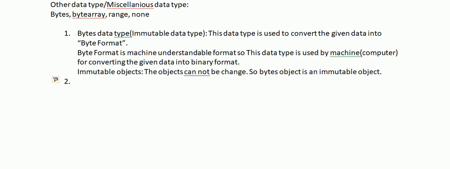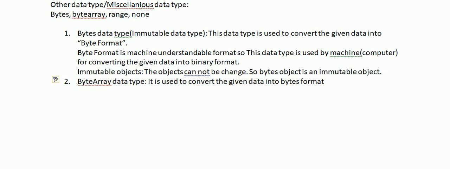Now we see the next type, that is the byte array data type. The byte array data type is also used to convert the given data into bytes format, that is machine understandable format.